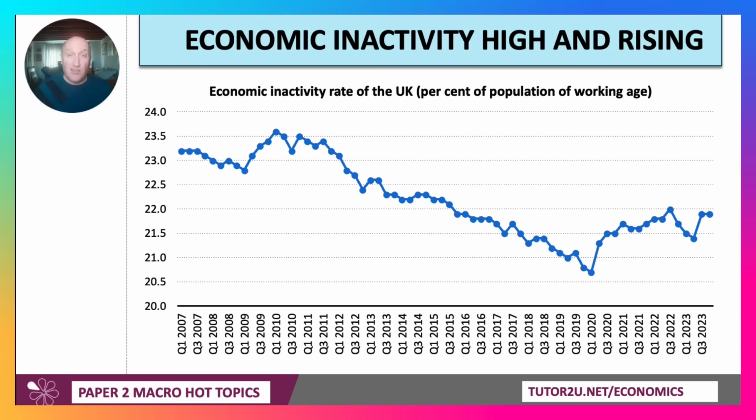People of working age who are not in work, don't have a job, and they're not looking for work. Now, that includes students, people who've retired early, people with chronic illness, discouraged workers. But it's 9.5 million people in the UK of working age, but not active in the labour market.